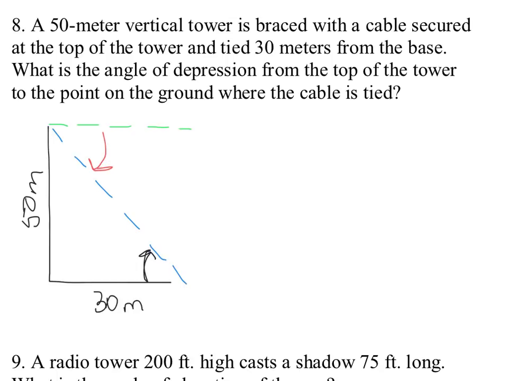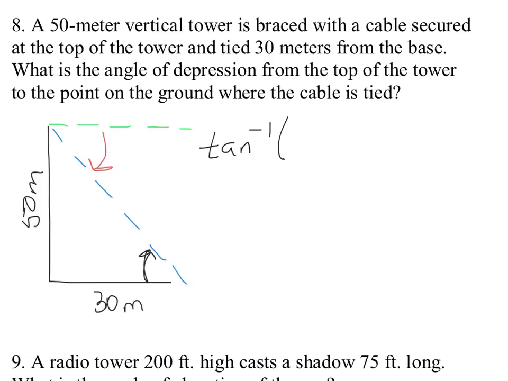So because they're the same, then I can use my right triangle trigonometry to help me with this problem. So here I can use tangent inverse, and I want to be very careful about the ratio that I'm using. I want to make sure that I'm using the side opposite over side adjacent for tangent.